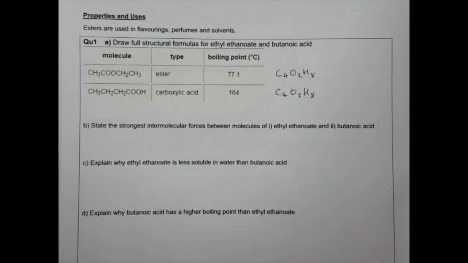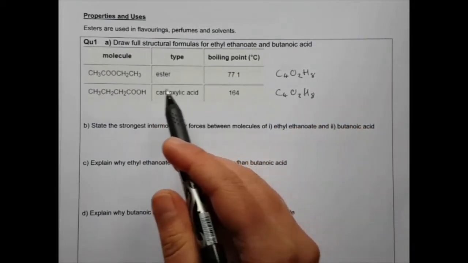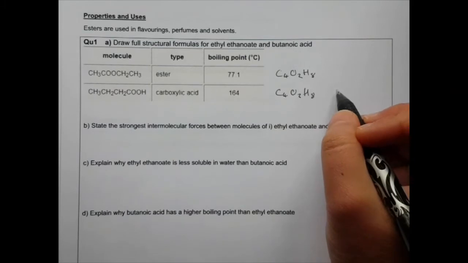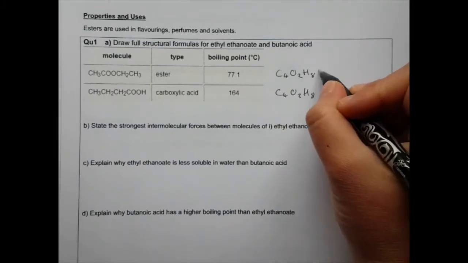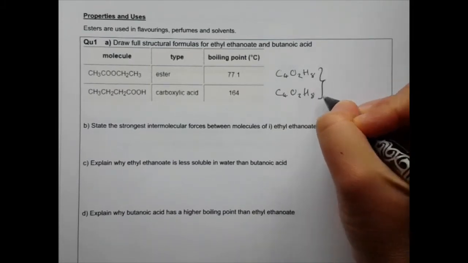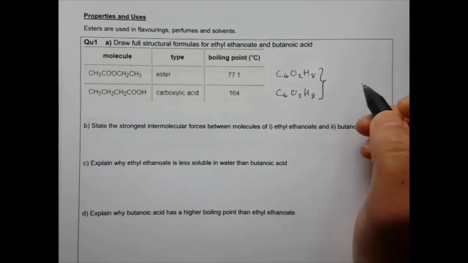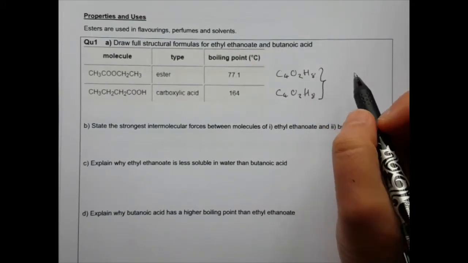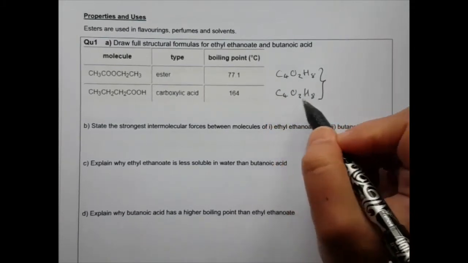Okay, so it took me a minute to count that there, but both of these should be, if I've done my counting right, C4O2H8 if we were just to look at the molecular formula alone. So what does that tell us? If they have the same number of each type of atom, how does that relate to intermolecular forces? What do you think I'm doing by counting these?